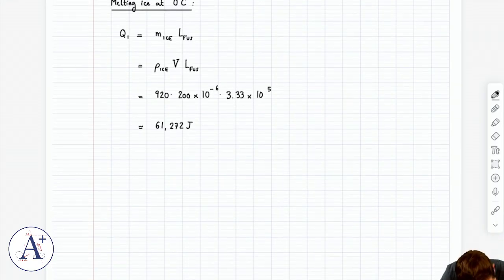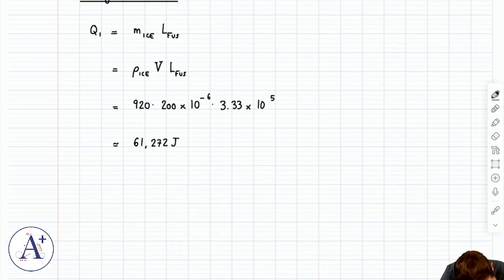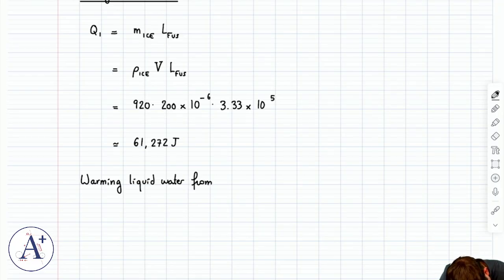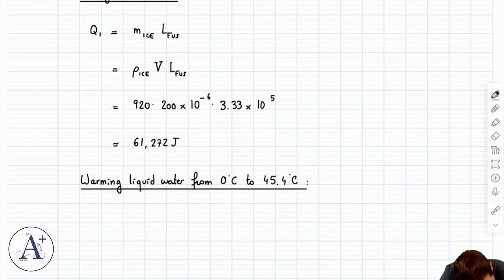Okay, so then there's warming the liquid water, which comes from the melted ice, from 0 degrees to 45.4 degrees. And I already know how much heat that requires. Q2 is 35,000 joules.